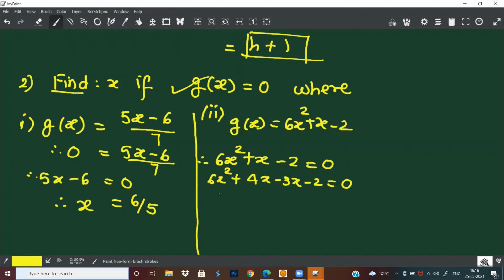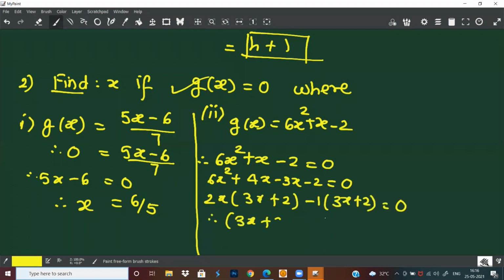Everybody is getting it? So I can do orally also. So you get your two values. One is 2 by 3 or half. Perfect.